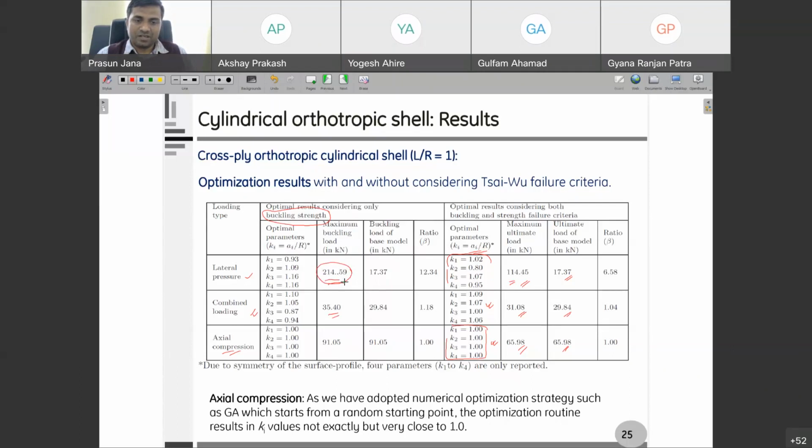So when you consider strength criteria, you can see the buckling load or the ultimate load is actually reducing. So that is one observation we can get. Every time if you only take buckling strength, you will get a higher value of the load. But when you consider strength criteria, then that will reduce to some other value. Okay.